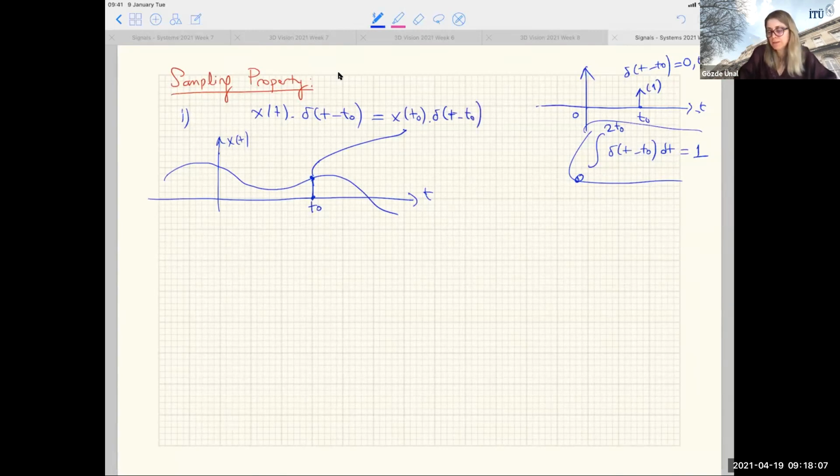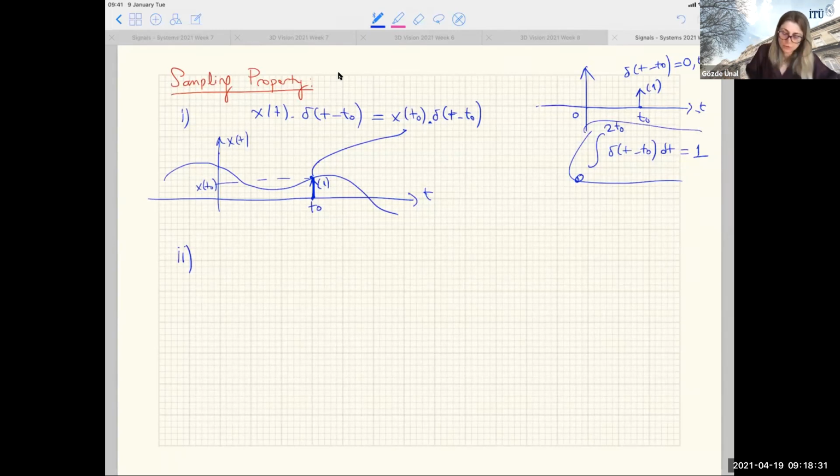I'm multiplying x of t with this delta, right? Here there is a delta t minus t0, a delta signal, and it's multiplying because this point is really the x of t0 value. It samples from the signal.